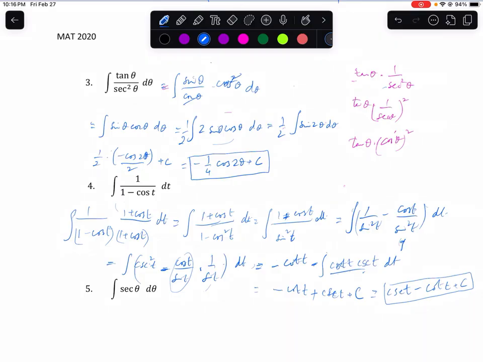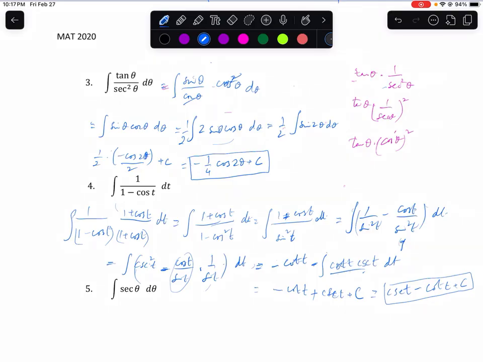So now we are going to look at secant. Again there is a specific trick that we need to do. As we just saw in the previous problem, we had cosecant square t, and the other term was cosecant t times cotangent t.